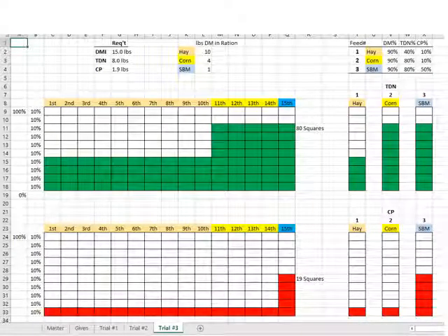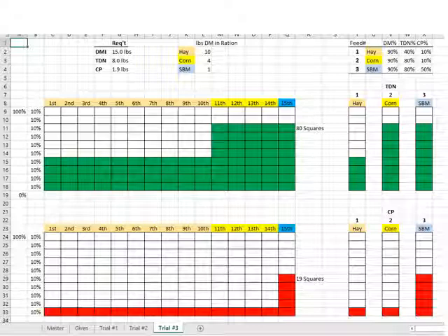Now, we'll show you how we figure this out, but I'm going to take out 1 pound of corn and I'm going to bring in 1 pound of soybean meal. So I've got the blue column all the way over the left on my TDN and my crude protein tables. So we know the TDN is still satisfied.